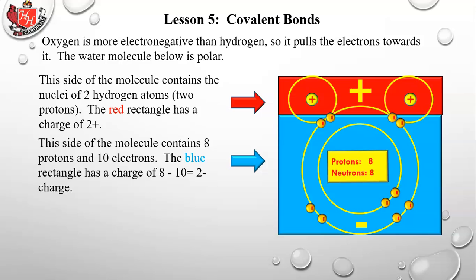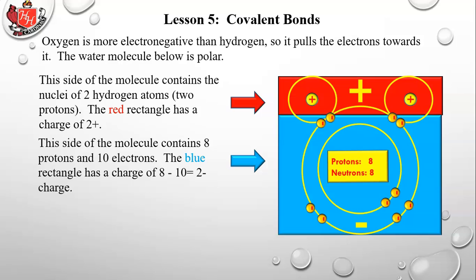Now overall, the water molecule is electrically neutral. If you count the total number of protons and the total number of electrons, there's 10 protons, the 8 in oxygen, and 2 in the hydrogens. That's a total of 10. And then there's 10 electrons. You can count them right there. So overall, it's electrically neutral, 10 and 10.